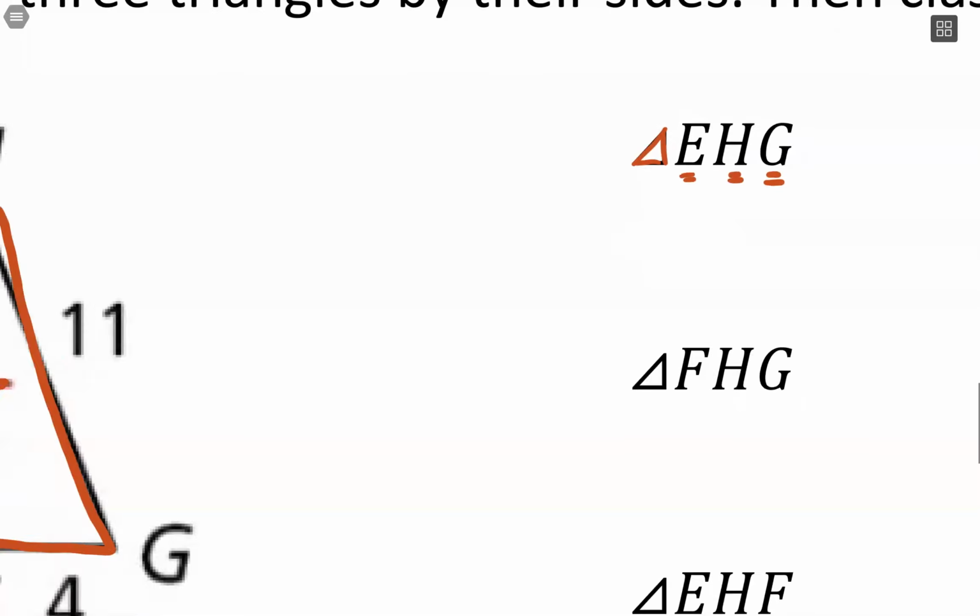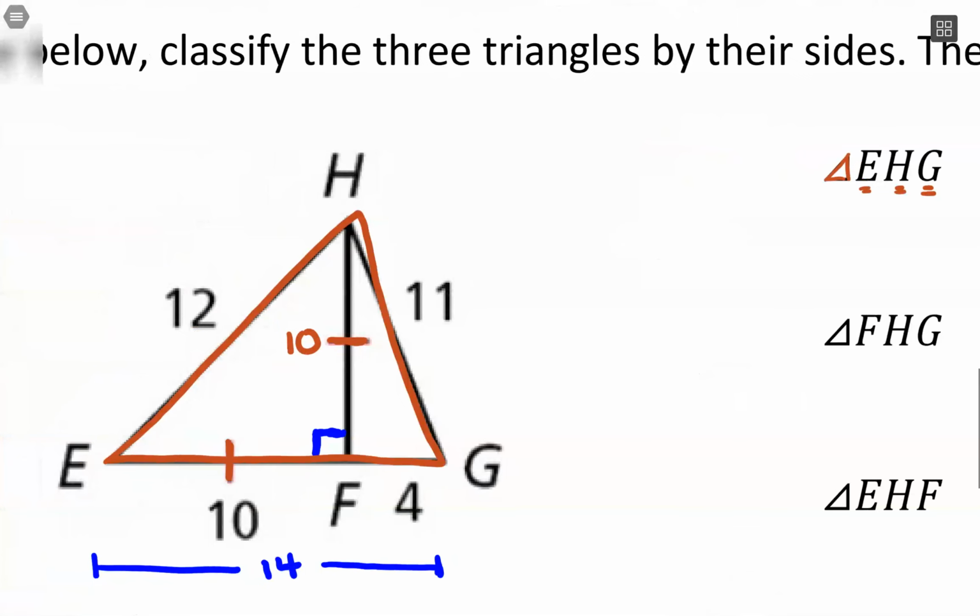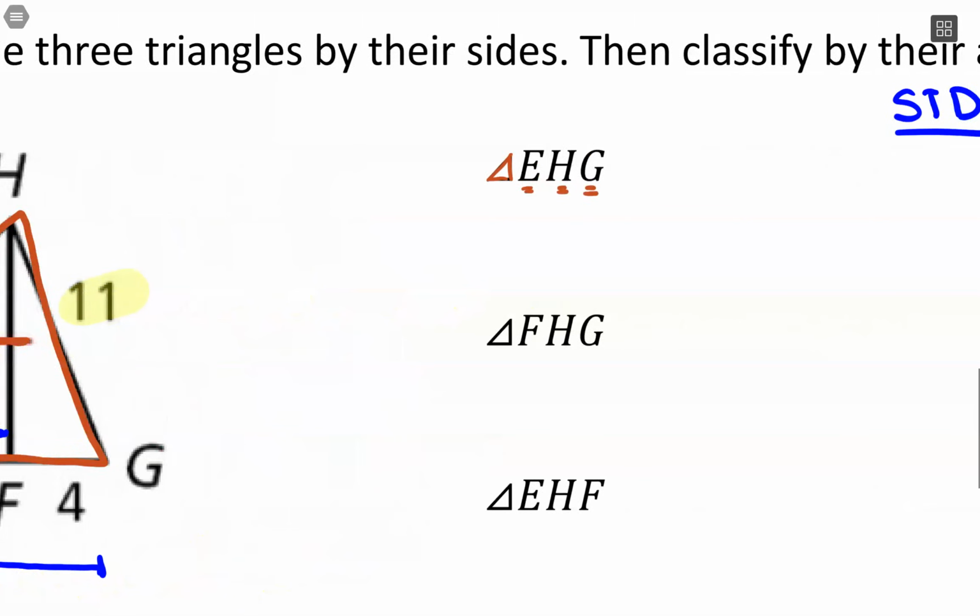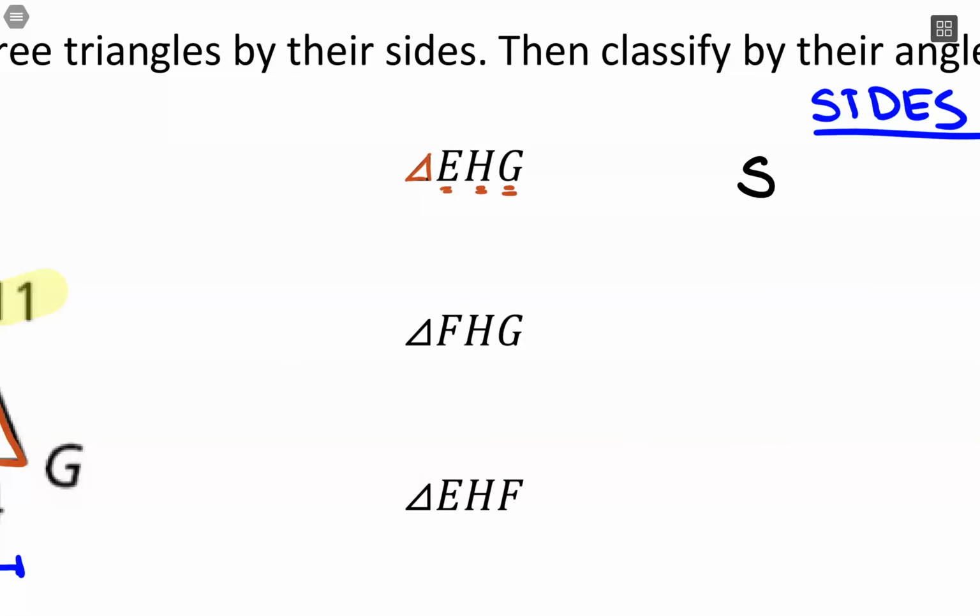But this gives us an idea of which triangle we want to look at. So for EHG, in terms of side lengths, we have a side length of 12, 11, and then EG is that total of 14. So we have 3 different side lengths here. So that would be scalene.